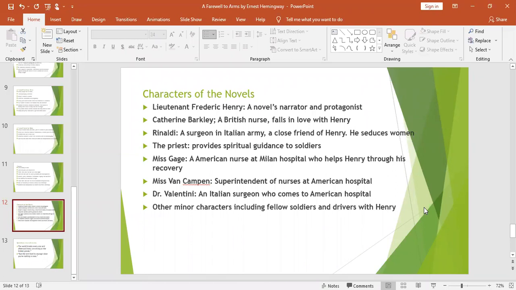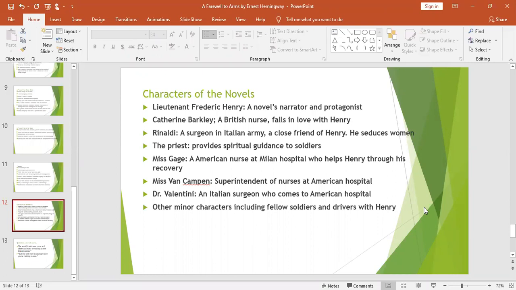Other minor characters include fellow soldiers and drivers with Henry. As we come to know, the characters of the novel are mostly soldiers, doctors, and nurses. So we come to know that there is a front. The soldiers are fighting the enemies, and doctors and nurses are there to help them.